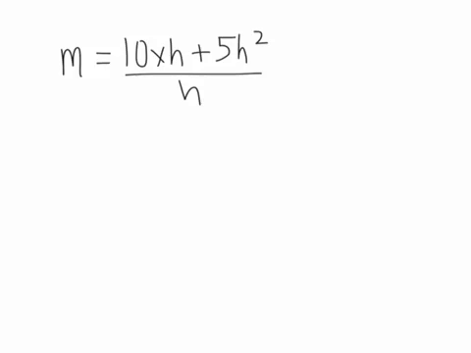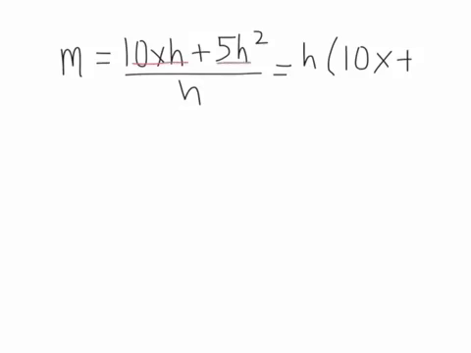From the previous page, we have the slope of the secant line equals 10xh plus 5h squared all over h. I like to factor the top so that I know for sure that I'm going to cancel correctly. So we can factor out an h from this part, and we can also factor out an h from this part.